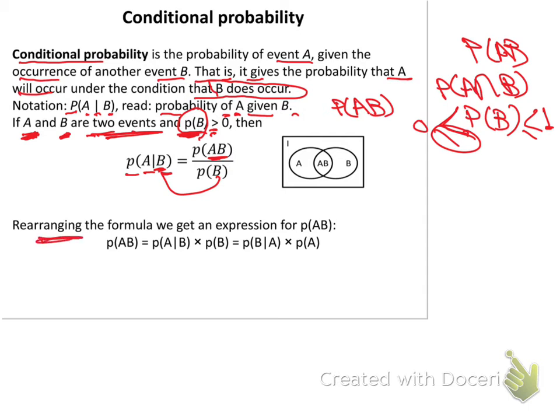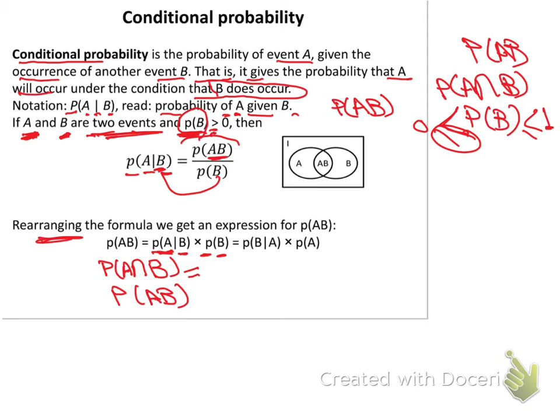Rearranging the formula as we have done in the previous example which I have given, we can have the probability of A intersect B, which is AB, probability of AB, it is the same. We just mentioned this now. Probability of A intersect B equals probability of A given B times the probability of B. Okay?